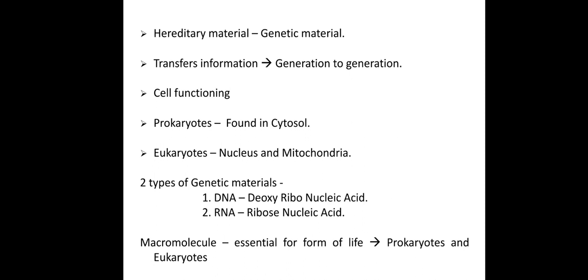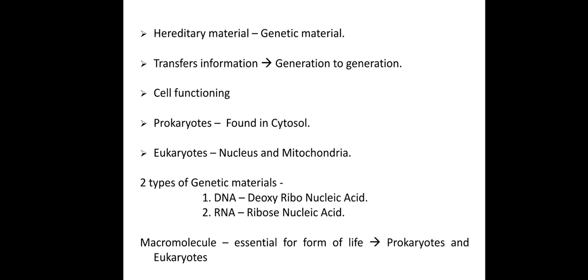Not only that, not just passing the information from generation to generation, DNA as well as RNA, in other words the nucleic acids, also have the function of controlling the activities of the cell. That means they also help in cell functioning.